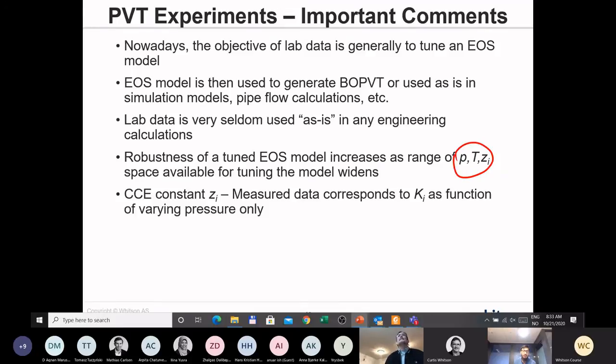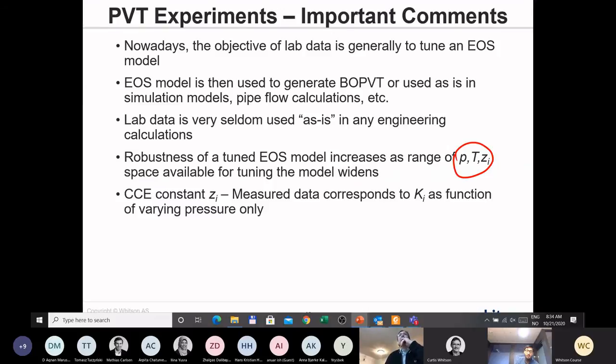So now we have different experiments, CCE, CVD, and DLE. What is the difference if we think about those experiments with this perspective, the pressure, temperature, and composition space? We know that the CCE experiment has a constant composition. You put one composition, you don't remove anything. So you have one constant composition that you are flashing at different pressure stages.